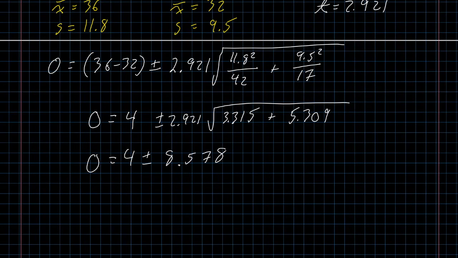And so, at the lower extreme, 4 minus 8.578 comes out at negative 4.578. And at the upper end of the range, we get 12.578.